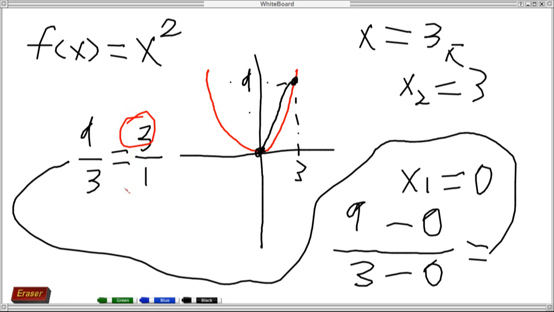So your slope, your average rate of change, is 3 in this case.